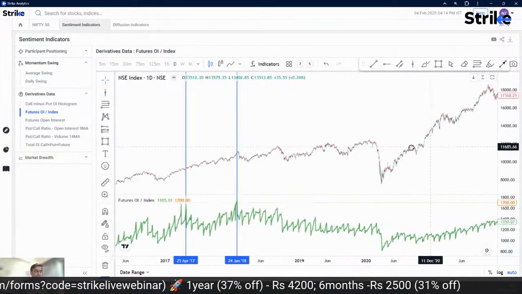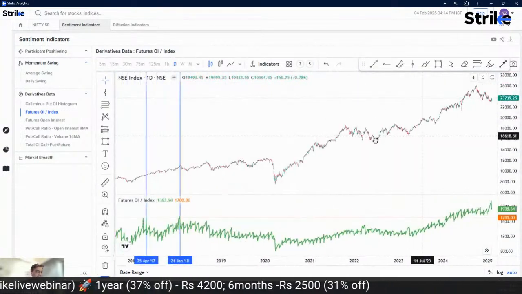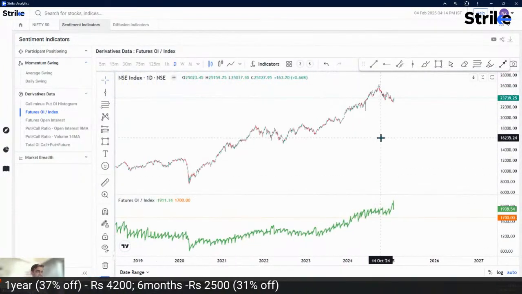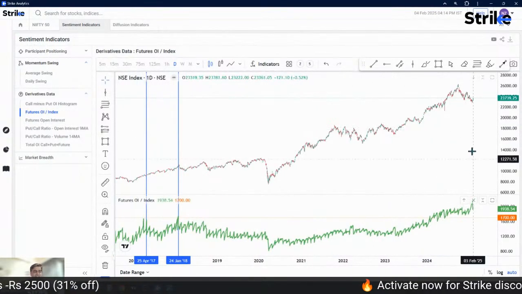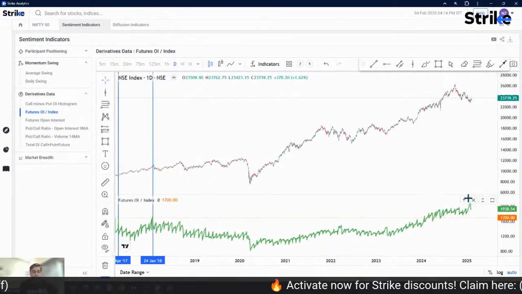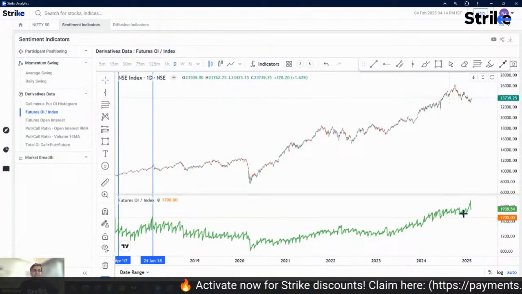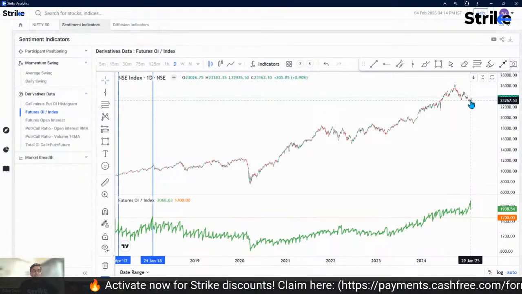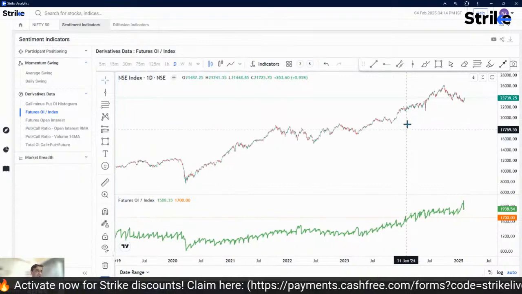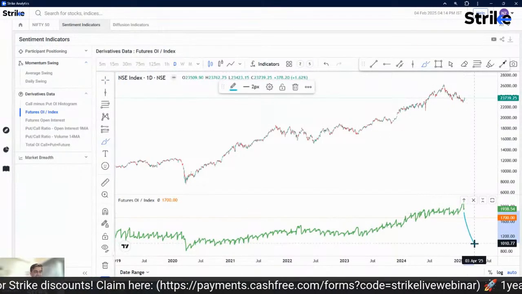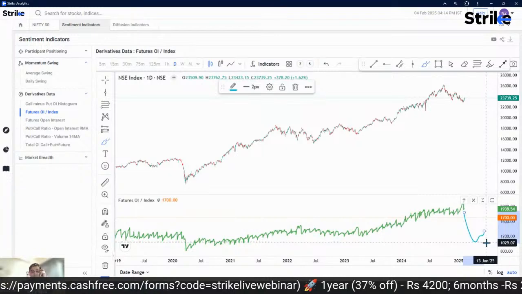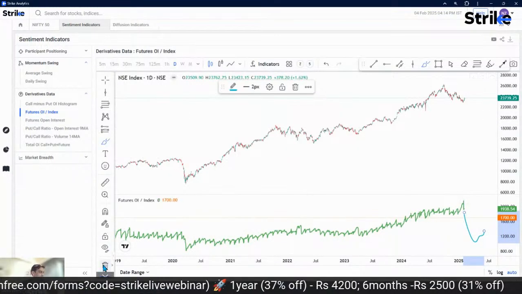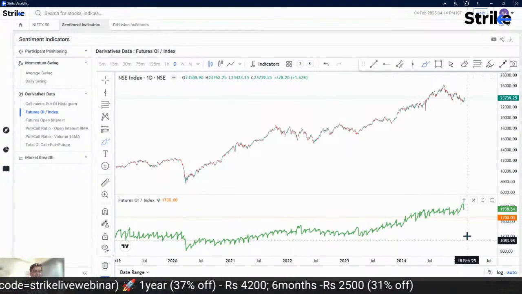So for investors looking at this number, we can conclude that this is still an extreme high reading, and there is a possibility that the market can come down. Whenever this indicator comes to a low level and starts going up, that would be a comfortable level for investors to go ahead and invest.